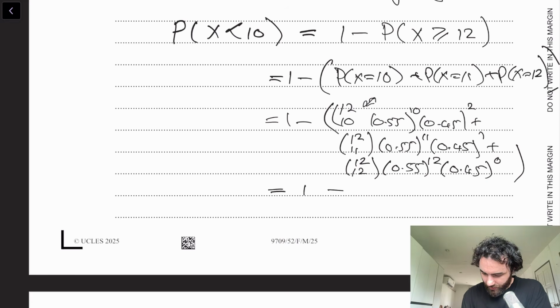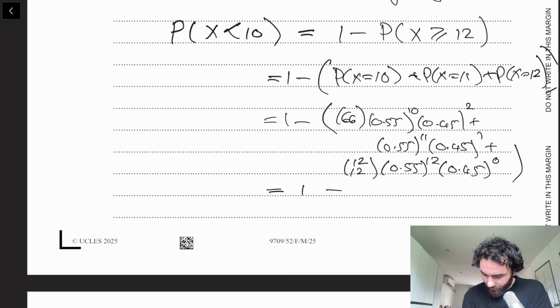Okay, so I'm going to calculate these things here. So this is 66, that value. And 12 choose 11 is 12. And 12 choose 12 is 1, but I'll just double check that. 12 choose 12 is 1. So that's just gone. This thing, anything to the power of 0 is 1, so that's gone.